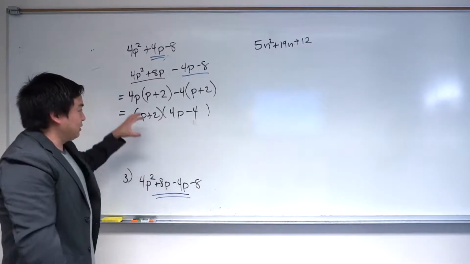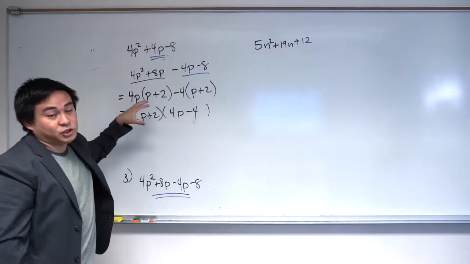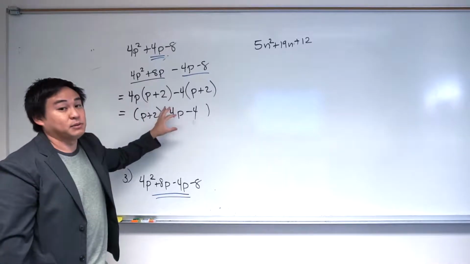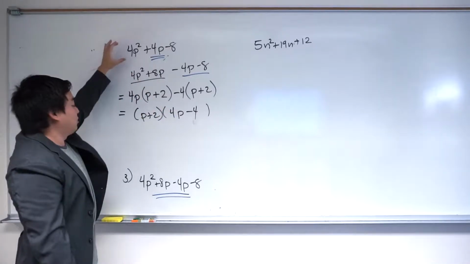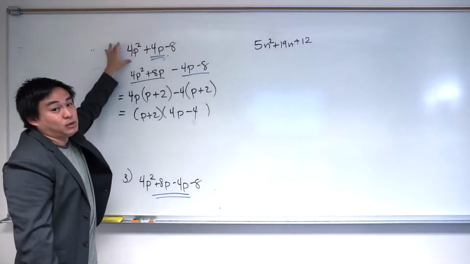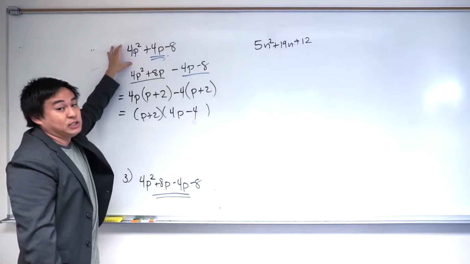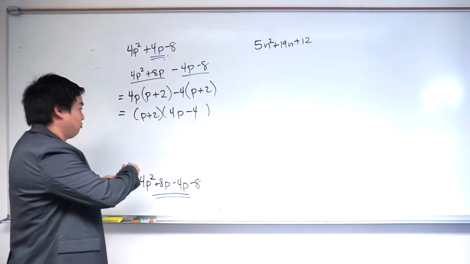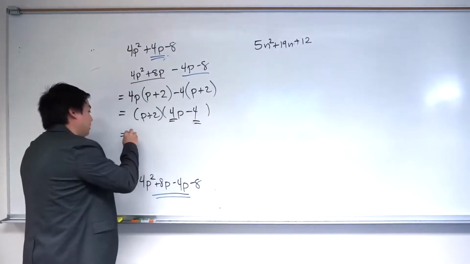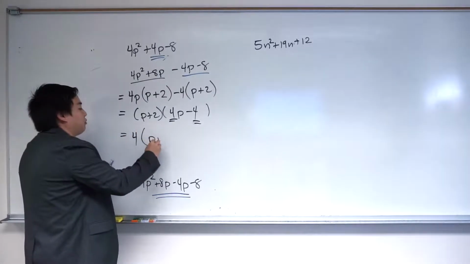Now, when you're doing it this way, you have to check to make sure that the factors are factored completely, because here, when we actually went through all the steps, we didn't factor out the GCF like previously, right? There's a GCF of 4 here. So we need to check, and we can see here that there's actually a 4 that needs to be pulled out.